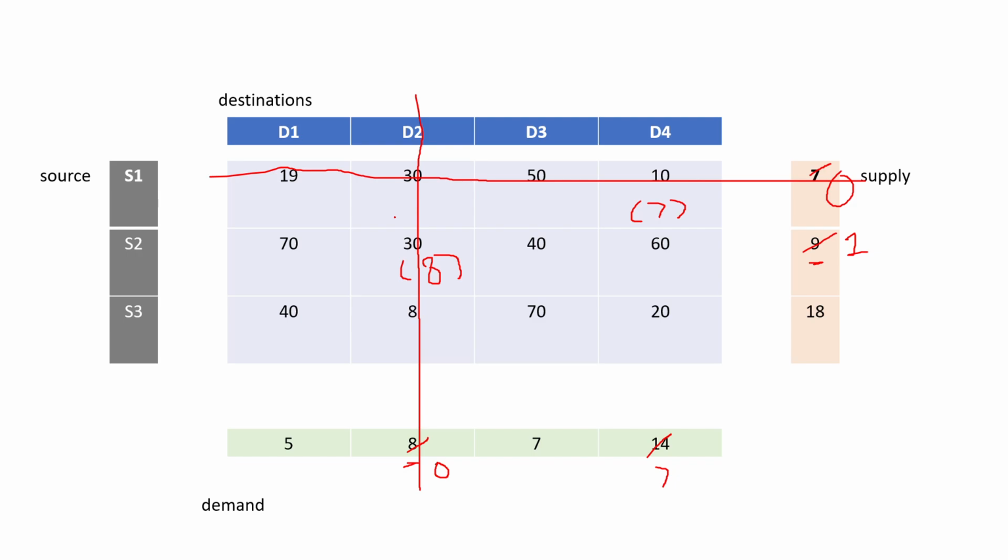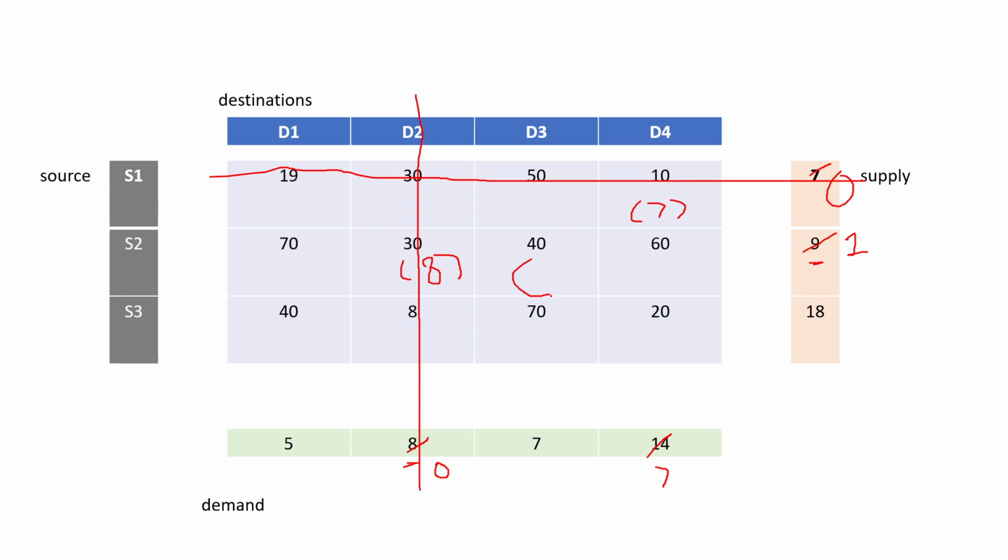We draw a line to know which demand or which supplies get fulfilled, and which destinations and sources need to be solved. So the row is still not cancelled. So we see the next minimum element.